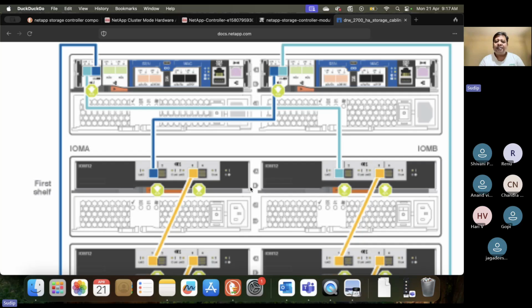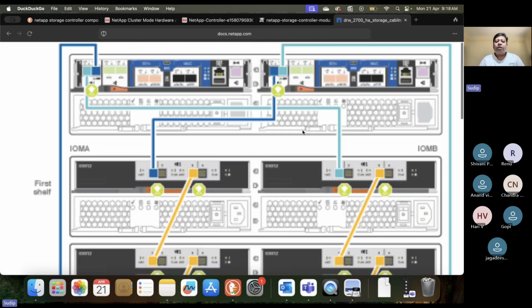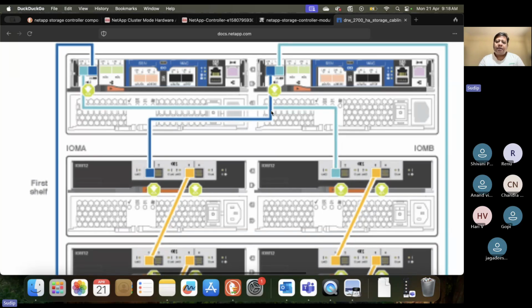There is redundancy in terms of connectivity and there is redundancy in terms of power, as you can see in the diagram here. Just like how storage controllers will have dual power supplies in the chassis, similarly disk shelves will also have dual power supplies in the chassis and dual backend connectivities. Controller A gets connected to one of the backend ports, and controller B also gets connected using this dark blue cable to another backend port.